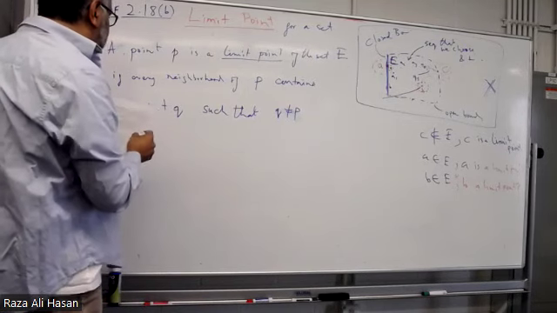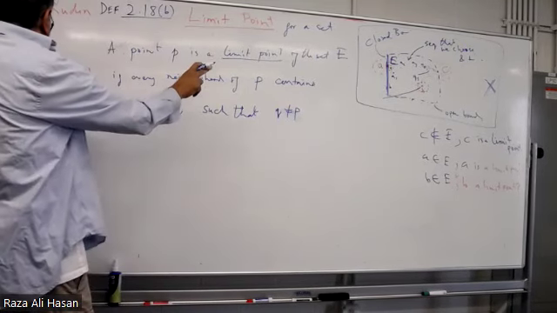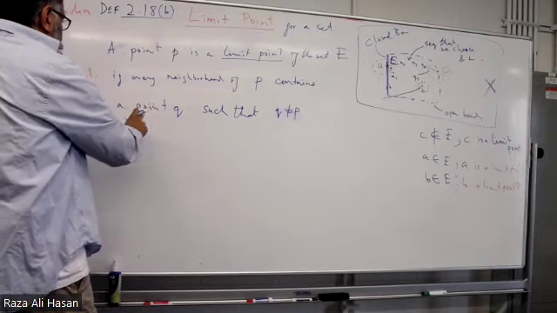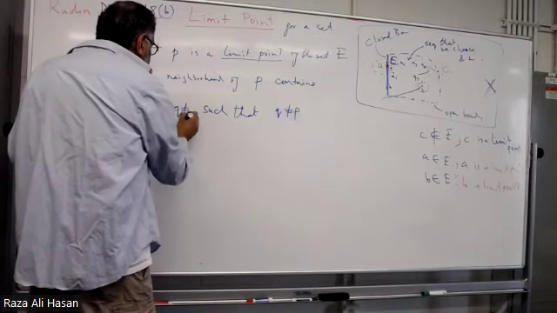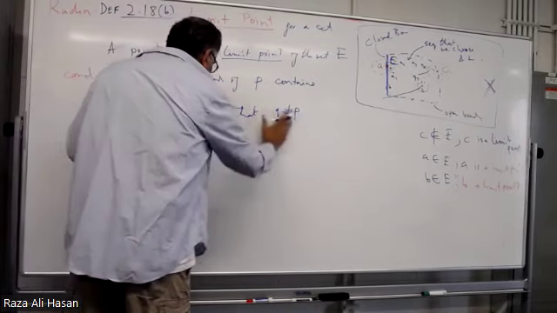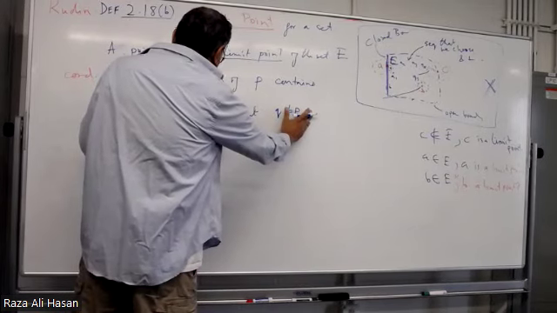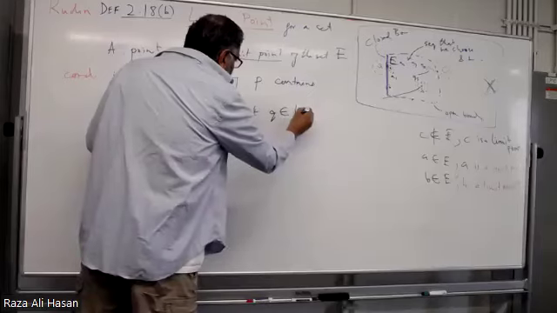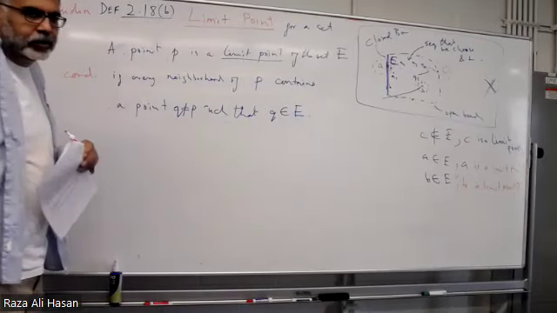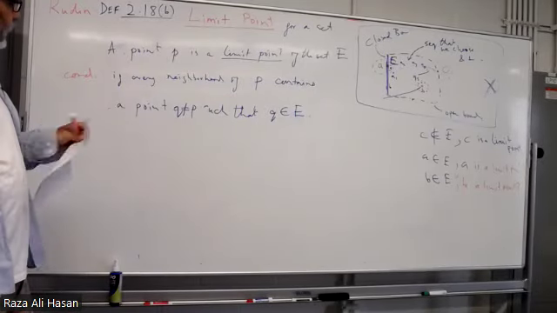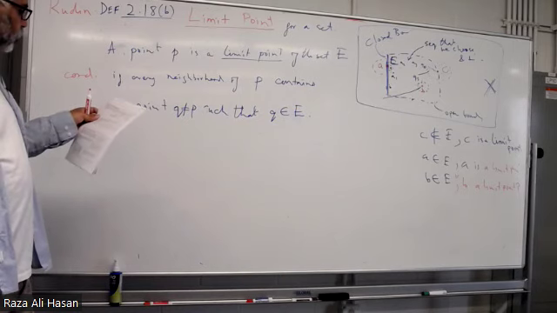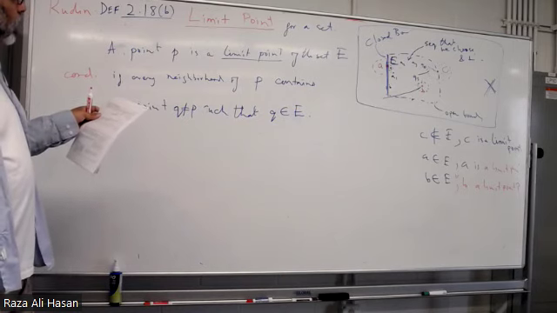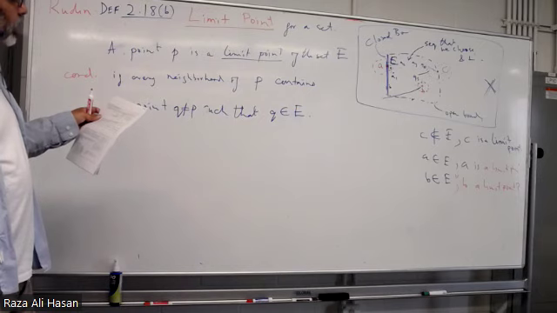What did I mess up? Let's see. So the neighborhood of P contains a point Q that is not equal to P, such that Q, this is the key condition, belongs to E, which is what I have been saying. Okay. All right.